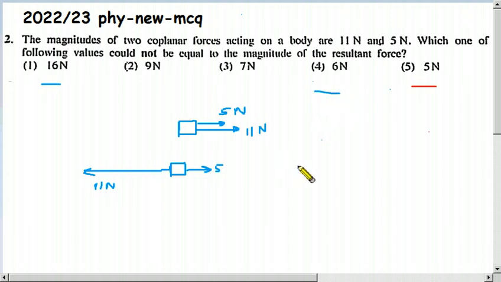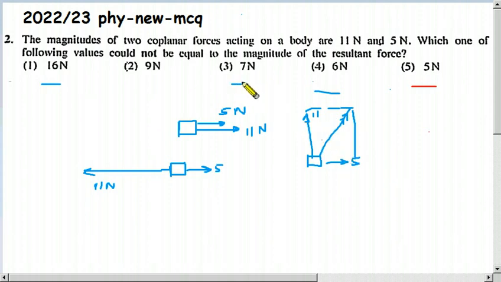Suppose they are perpendicular to each other like this, then we have to complete the parallelogram, and this diagonal gives the resultant. So it is between 5 and 11. You can see it is between 5 and 11.